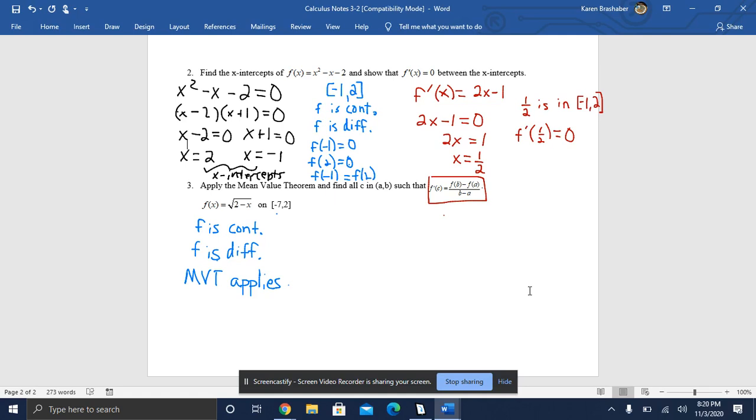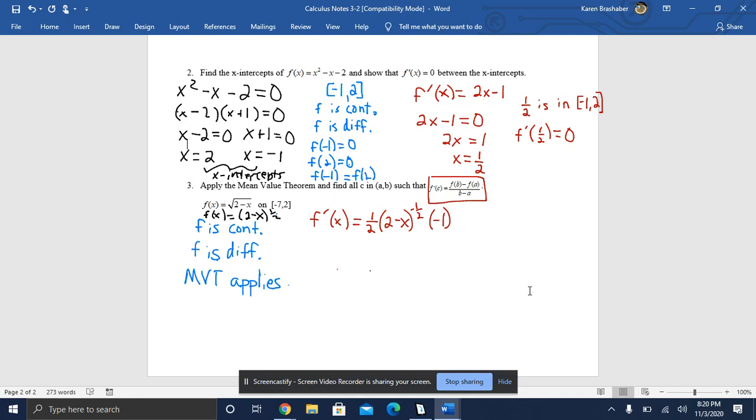So let's do that. F prime would equal, now remember, maybe I want to do a rewrite real quick here. F of x is 2 minus x to the 1/2 power. So f prime would be 1/2. I want to keep my parentheses 2 minus x, subtract 1 from my exponent, so that would be to the negative 1/2 power, and then multiply by the derivative of the inside.